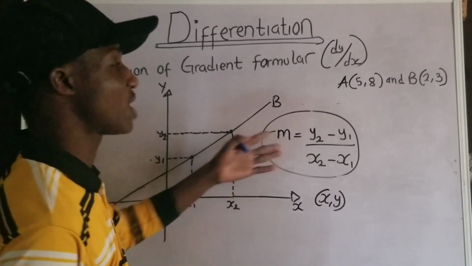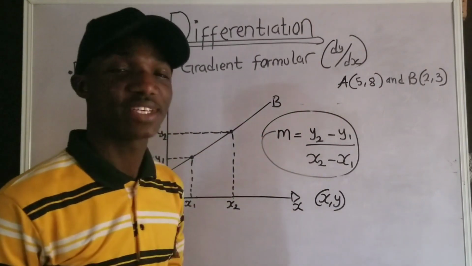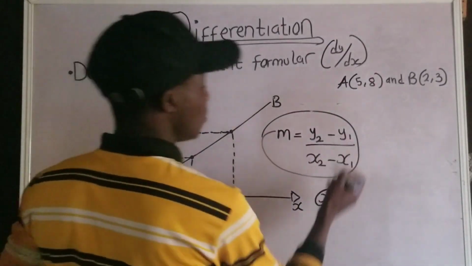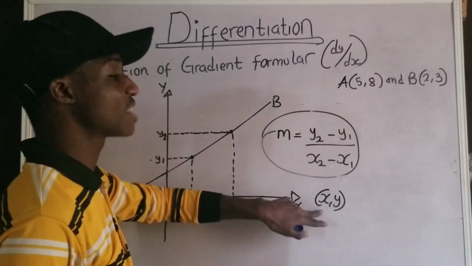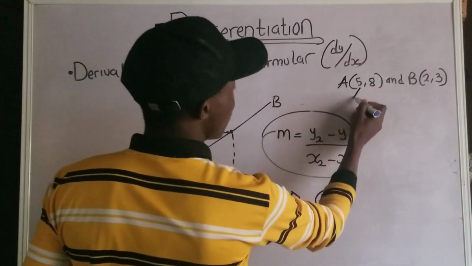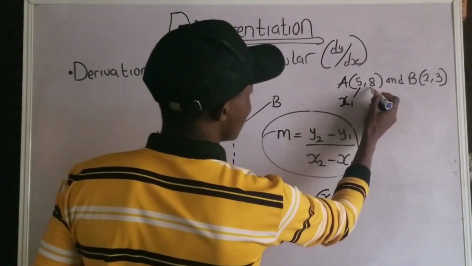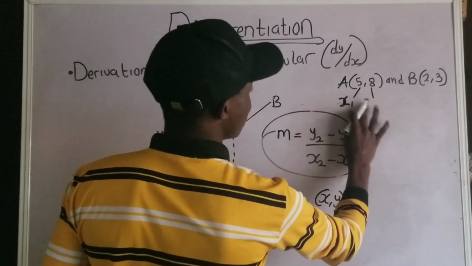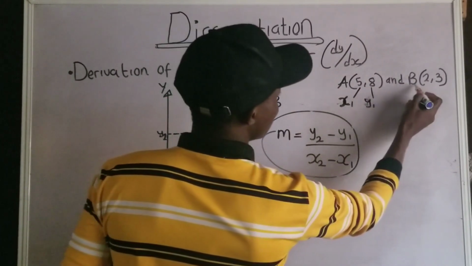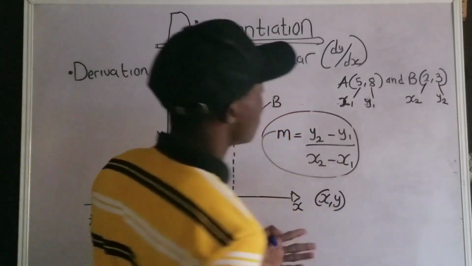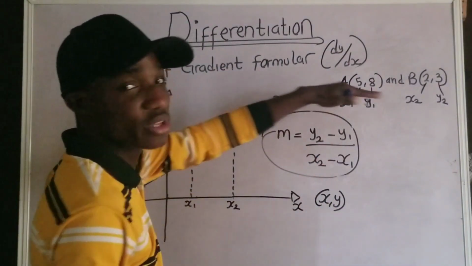We are still going to use this formula, and the first step is to identify y2 and y1 and x2 and x1 respectively. Every coordinate has x, y. Since this is the number that came first, this will be x1, and this y1. This will be x2, and this will be y2.